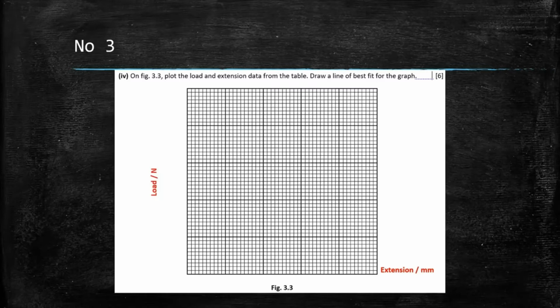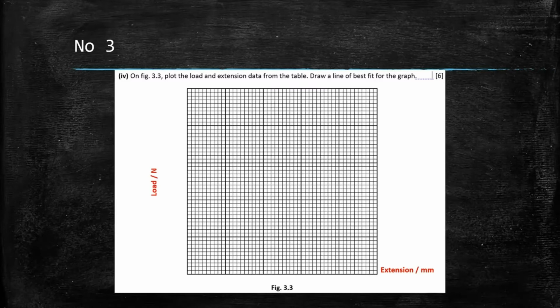Then write down the values of the scale. I want to remind you that you have to choose the scale for your graph carefully. Don't make it too small, but it also has to fit in the space provided. At least 3/4 of the space provided must be covered by the line of your graph.